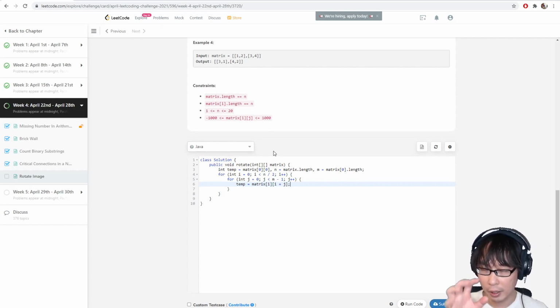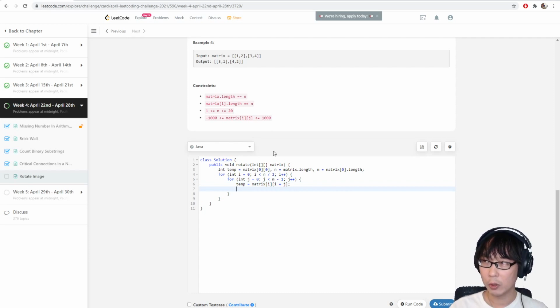And after I save this value, I could move this one.